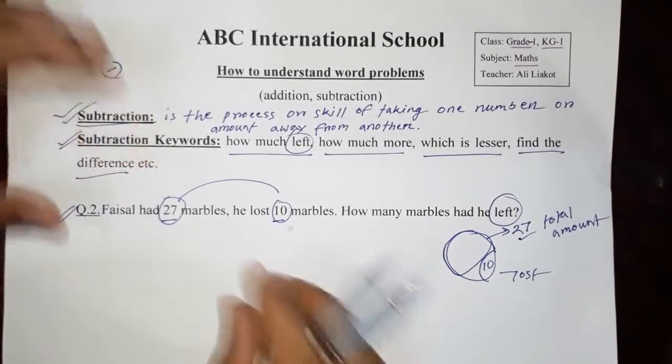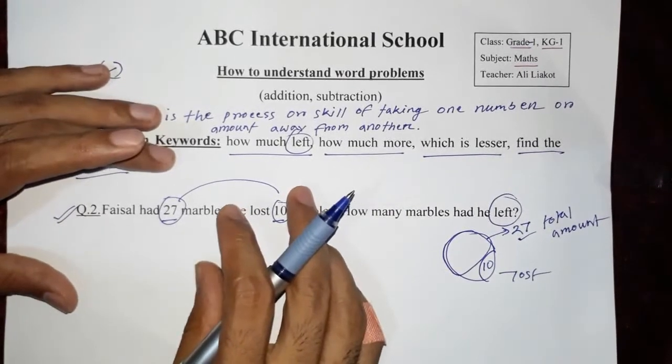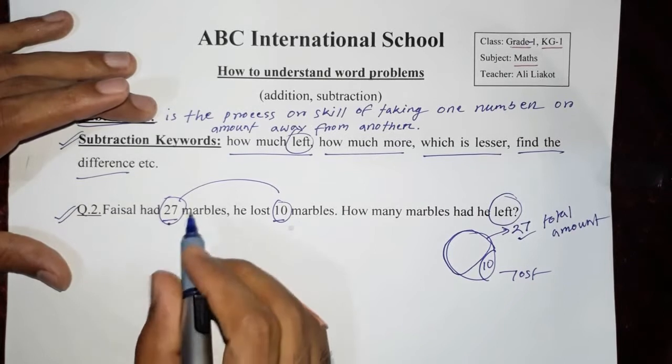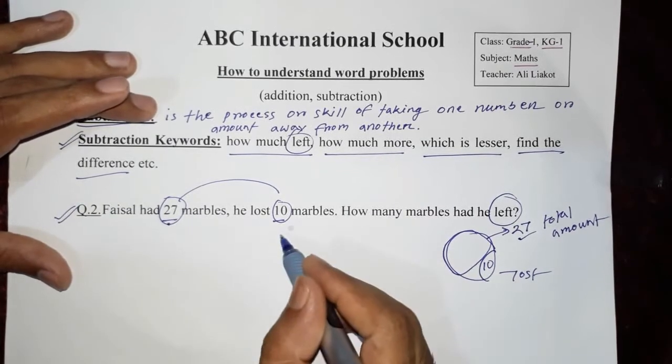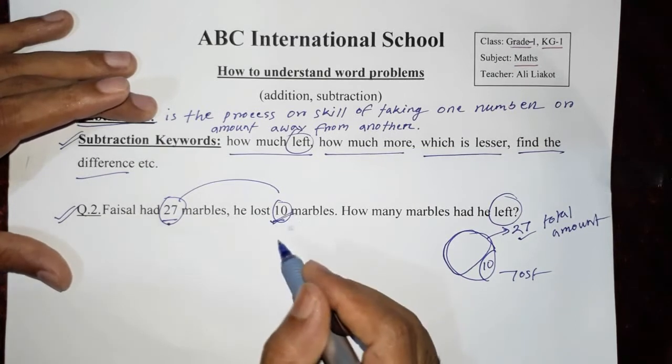Now let's go solve the problem. What's the information in the first sentence? The information is Faisal had 27 marbles, and the second statement is lost. So the lost amount is 10. The lost amount is 10.